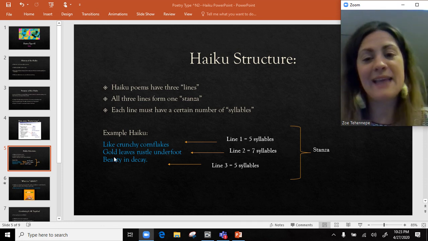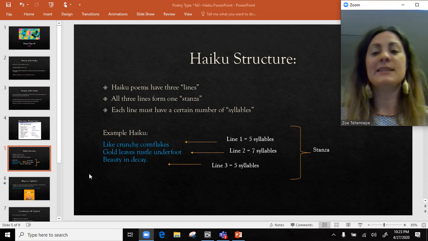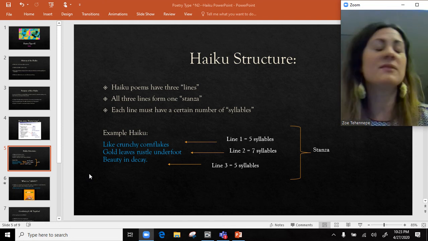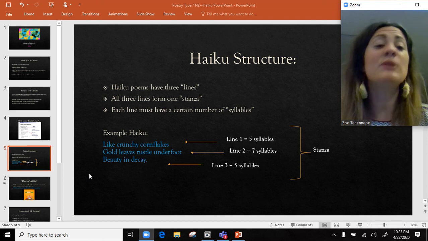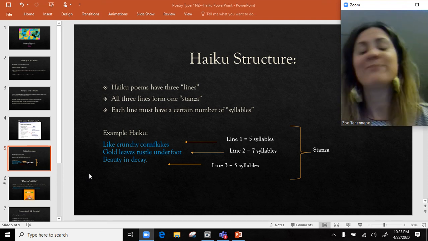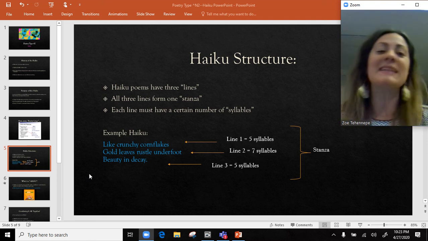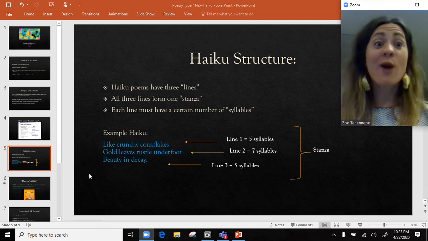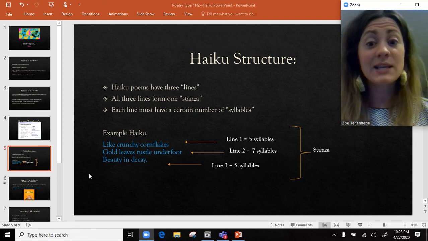So if we look at this little example haiku, it says, like crunchy cornflakes, gold leaves rustle underfoot, beauty in decay. It's awesome! It's simple, it's short, it's beautiful, it's about nature. It contrasts 2 things, right?